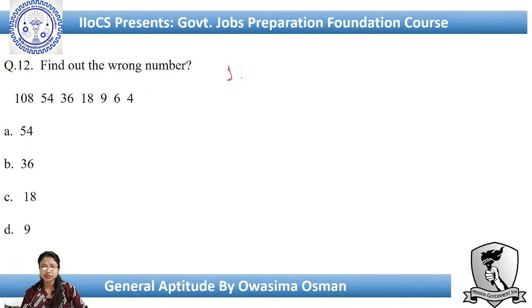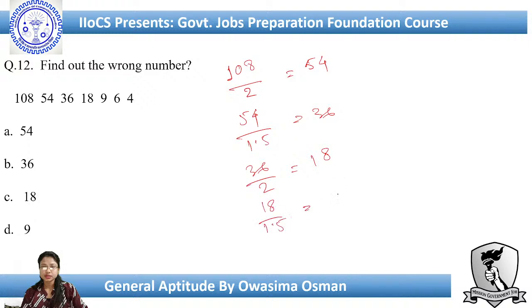Writing it again: 108 divided by 2 is 54, 54 divided by 1.5 is 36, 36 divided by 2 is 18, 18 divided by 1.5 is 12, and 12 divided by 2 is 6, and 6 divided by 1.5 is 4.